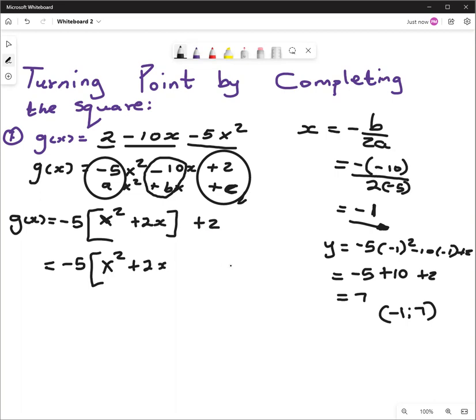And then you're going to do this. You take your b, divide it by 2, and then you square it. So we take our b, you divide it by 2, and then you square.